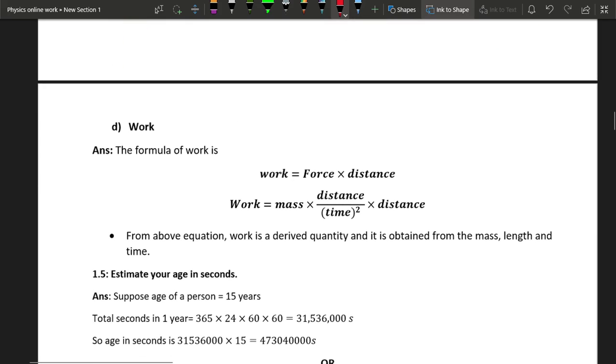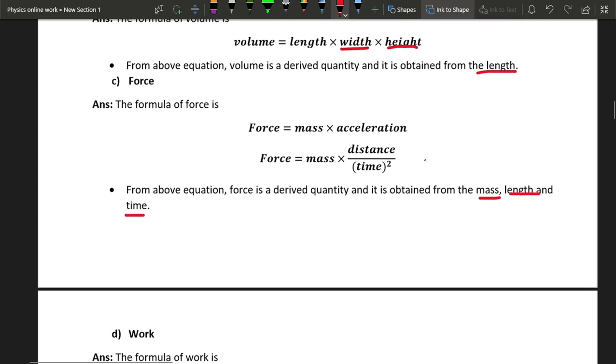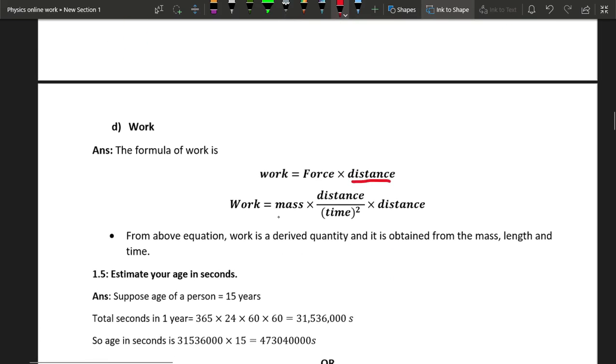Now work is defined as force multiplied by distance. Distance is already a base quantity because it is a length between 2 points, and force, you can see, is mass into distance divided by time square. So work is force, that is mass distance divided by time square, into distance.